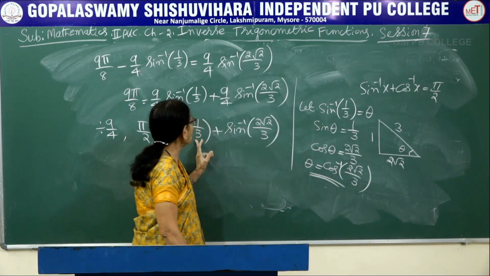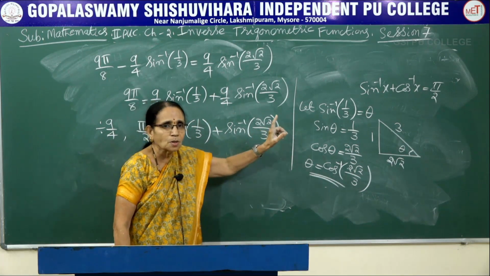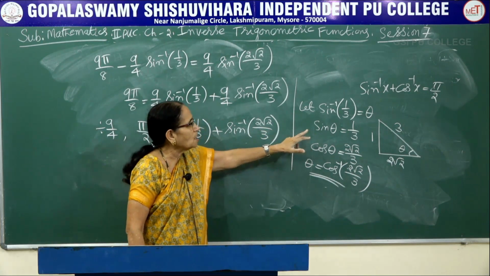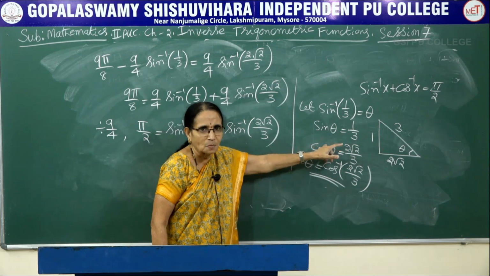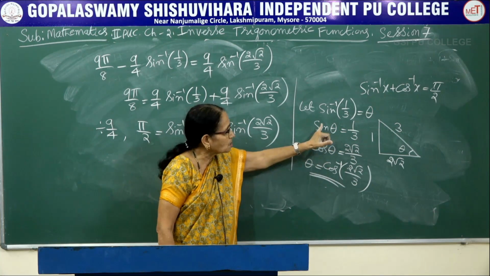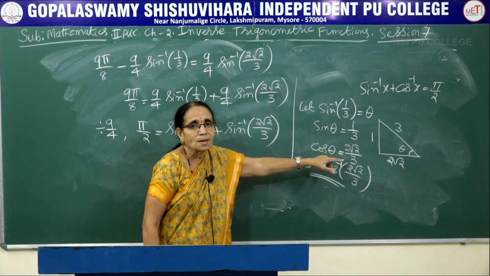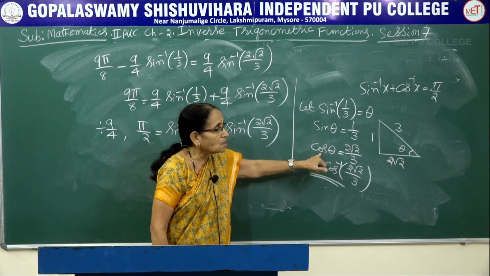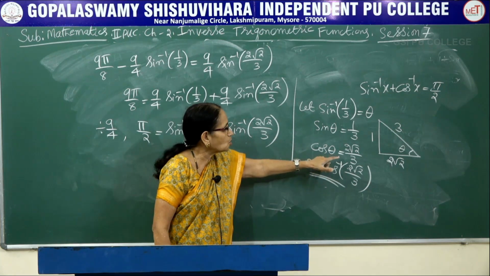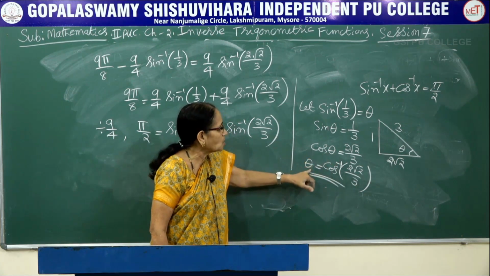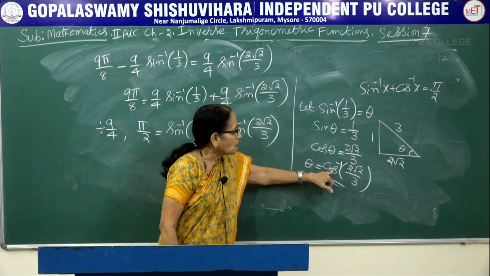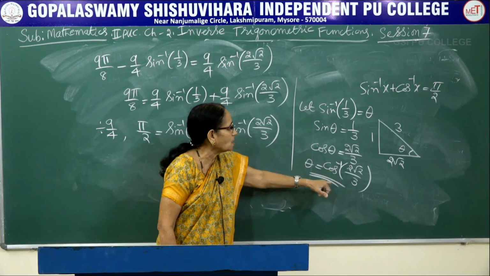So I started with sin inverse 1 by 3 being equal to theta. Using the definition, sin theta has been written as 1 by 3, and using the definition of sin theta, I have marked the sides in the right angle triangle. I could calculate the remaining side. I have taken the ratio cos theta, 2 root 2 divided by 3. Therefore, theta could be written as cos inverse of 2 root 2 divided by 3.